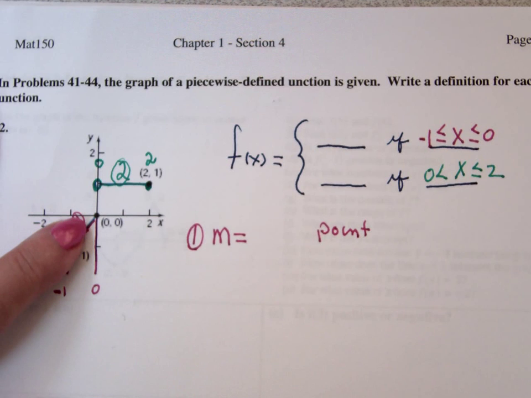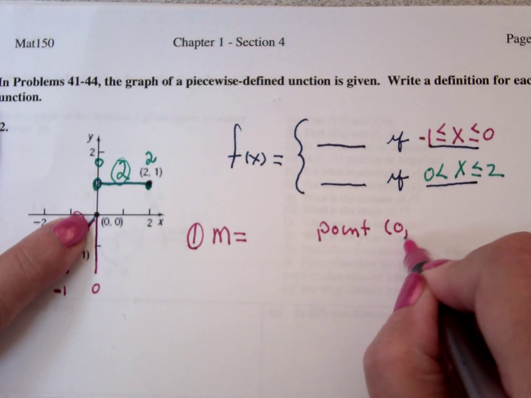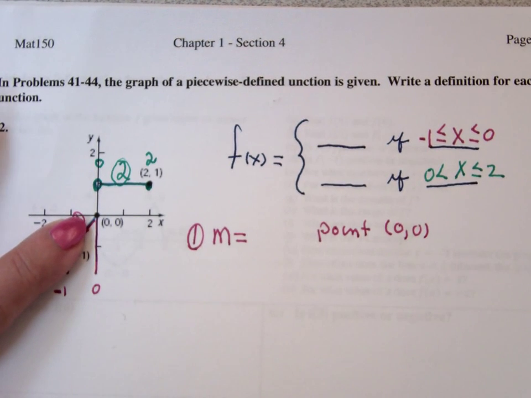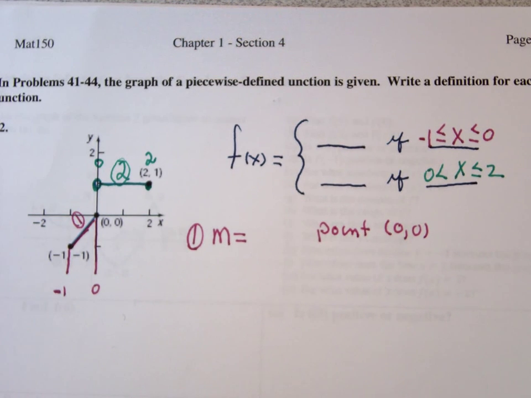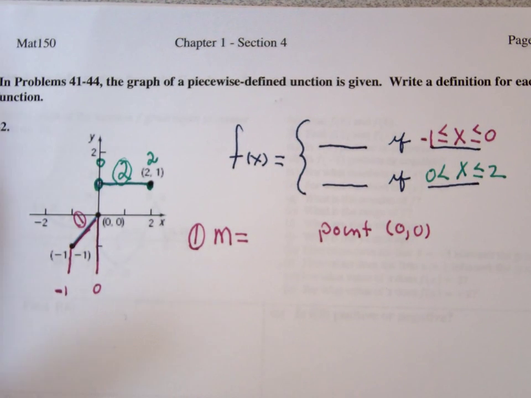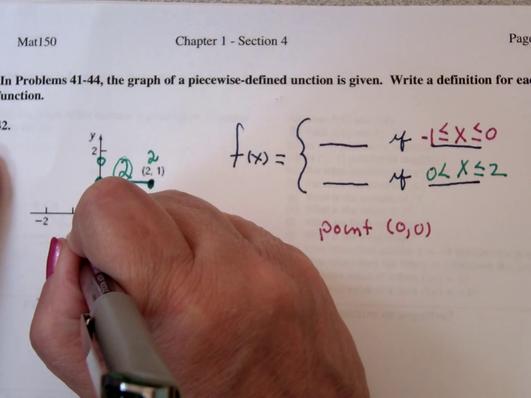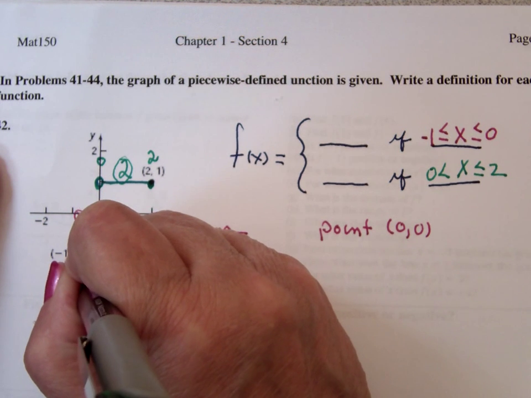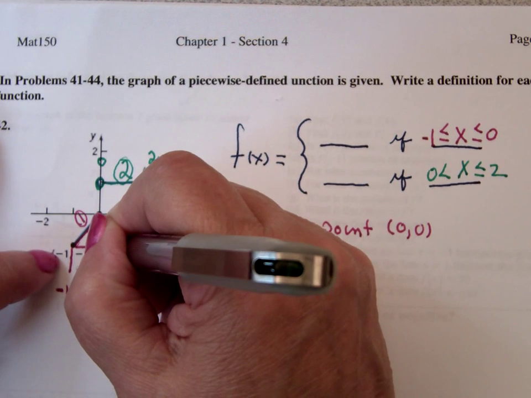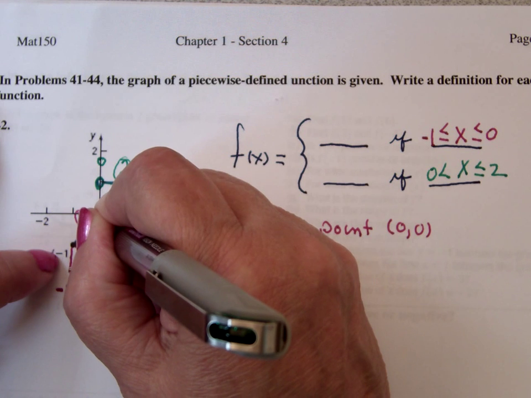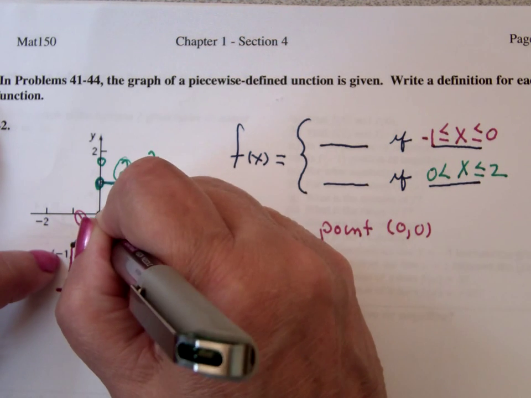Well, a point is easy because it's 0, 0. And a slope is easy too because slope is rise over run. So I have a run positive from -1 to 0 and a rise from -1 to 0.